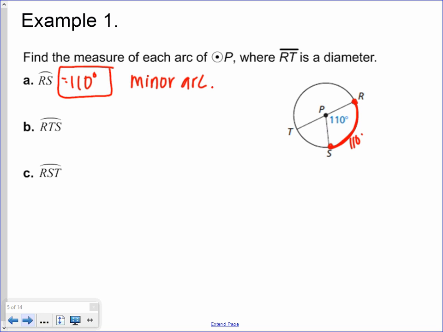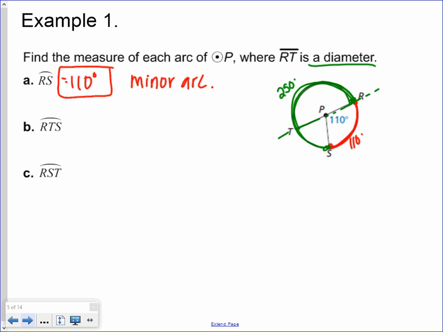RTS. So again, R to T comes first, and then T to S has to end at S. Who can raise their hand and tell me how big RTS would be? Scott? He said 180 because this is half the circle, because we know RT is a diameter. That's an important fact.